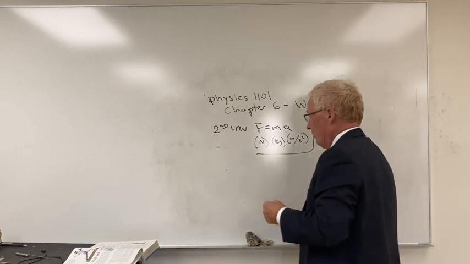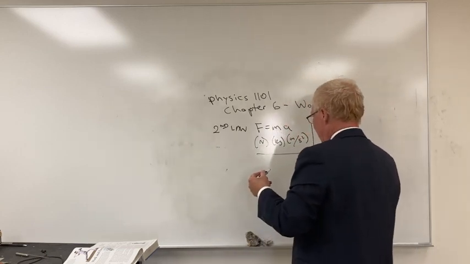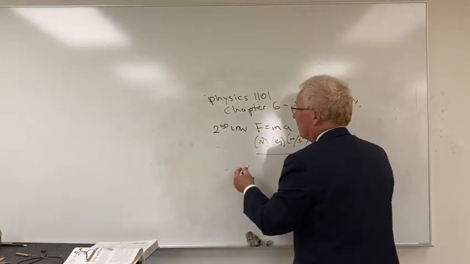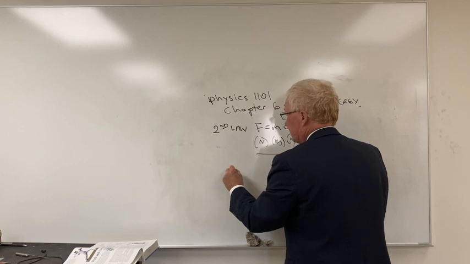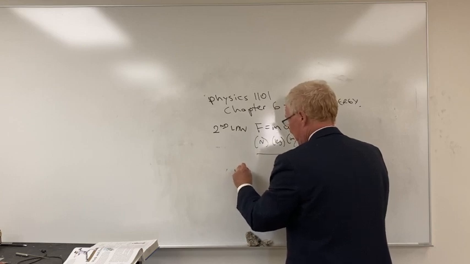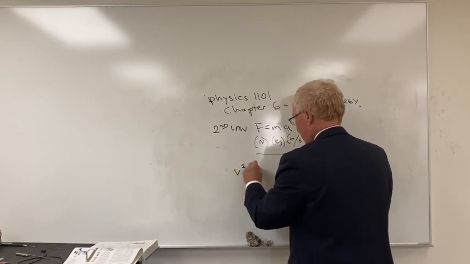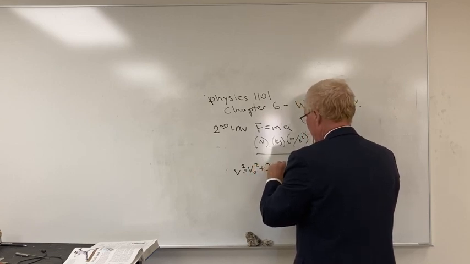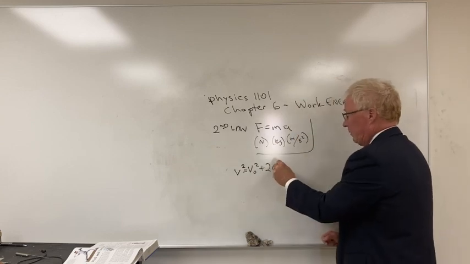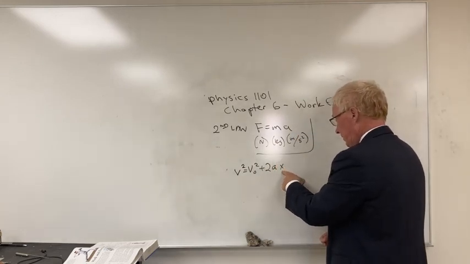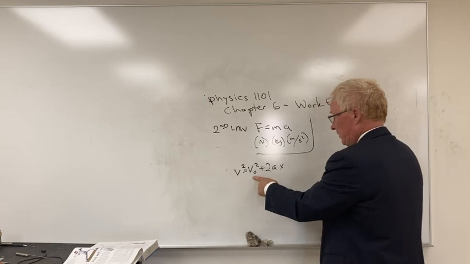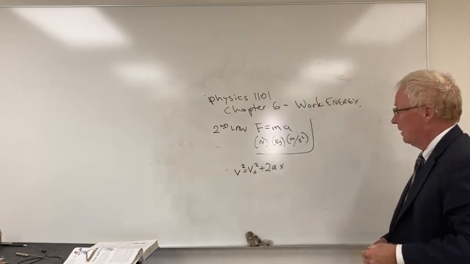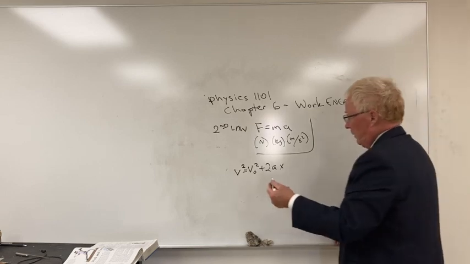Now what we're going to have here is using the equations. If we go back to chapter 4, chapter 2 equations, one of our kinematic equations is v squared equals v naught squared plus 2ax, where a is acceleration, x is the distance traveled, v naught is initial velocity, and v final squared is the final velocity.